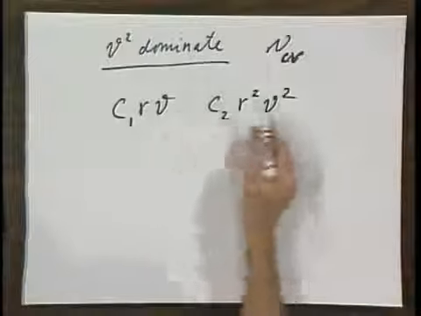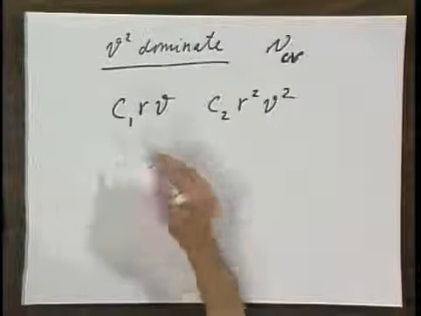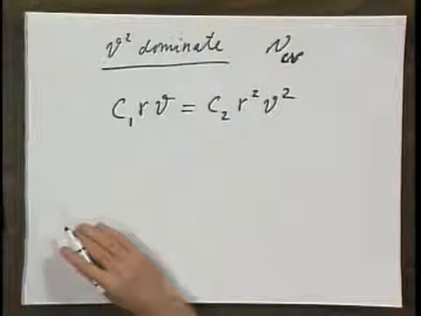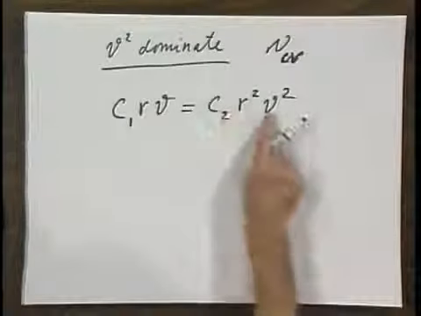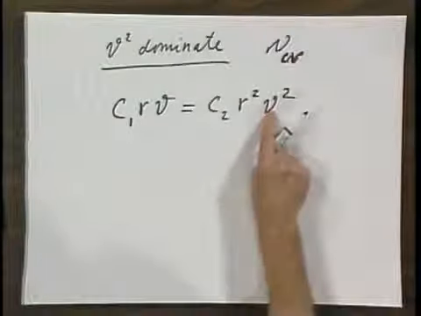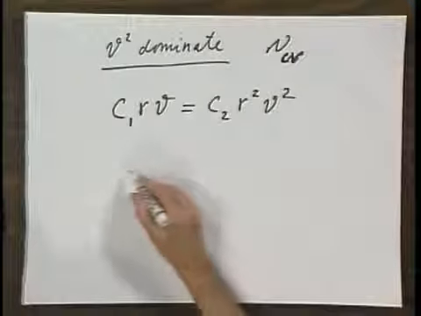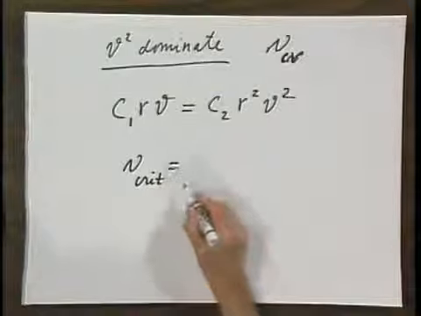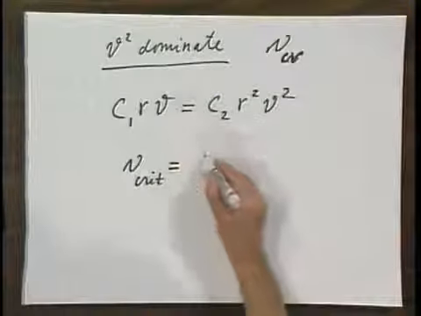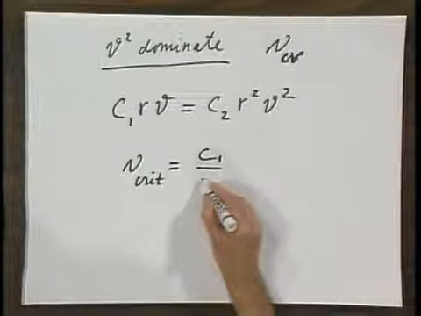If you want to know when this one becomes larger than this one, or vice versa, you make them equal to each other, and then you can solve for the critical velocity, which is the crossover point.